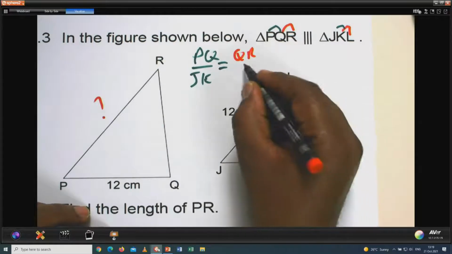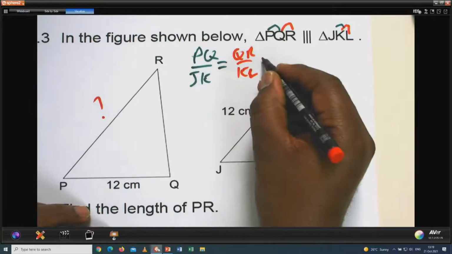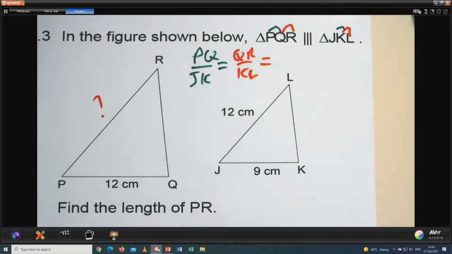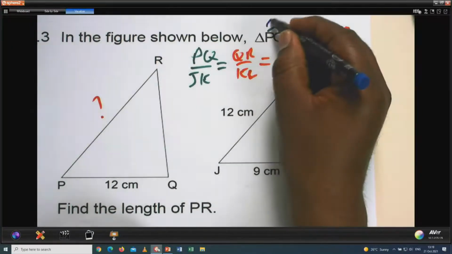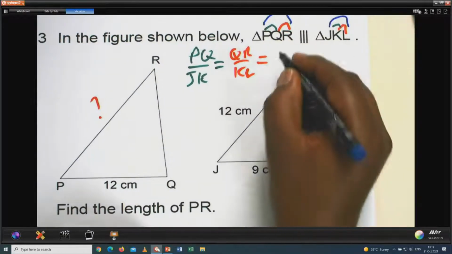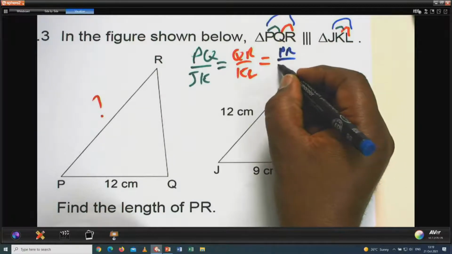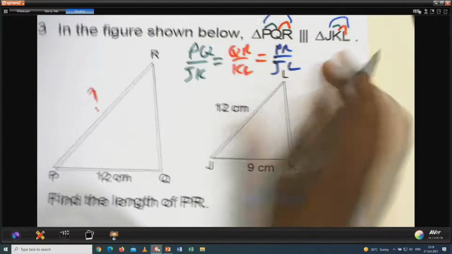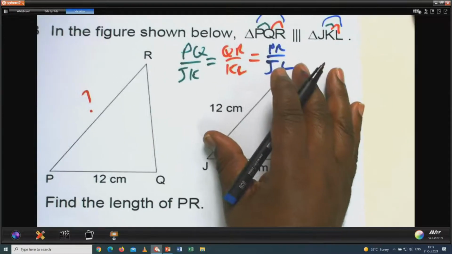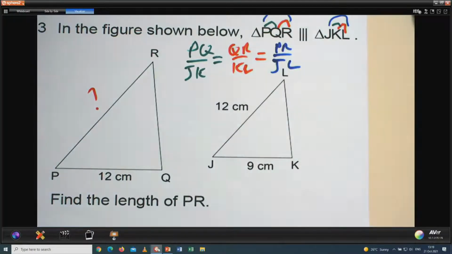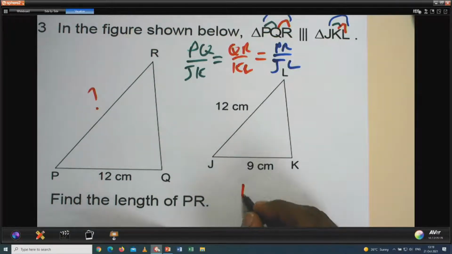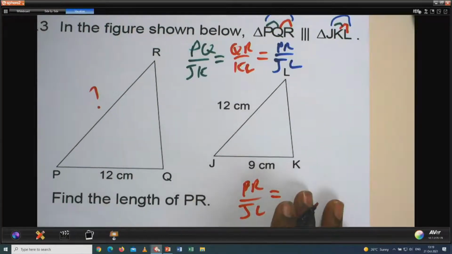And of course the first and the last, which is PR over JL. This is very, very important. Now the question is looking for PR. Therefore, you'll use PR over JL.